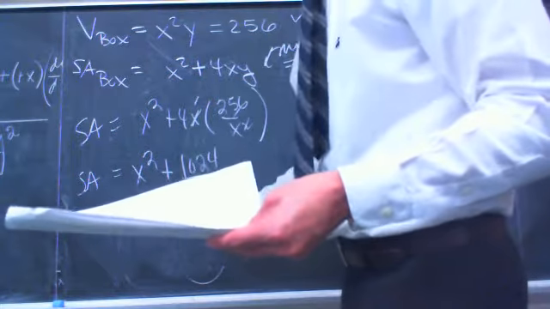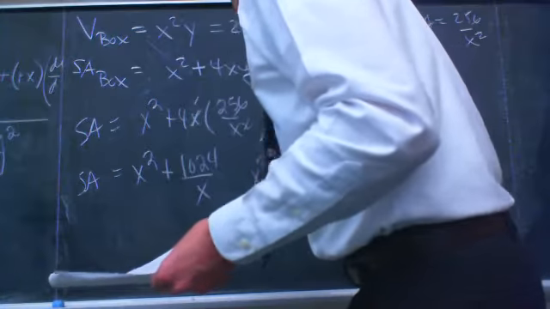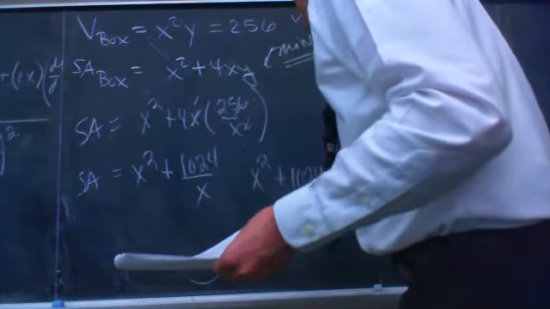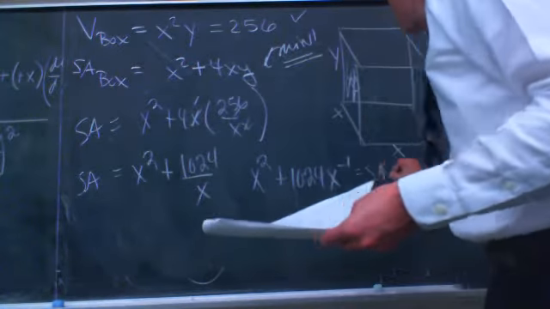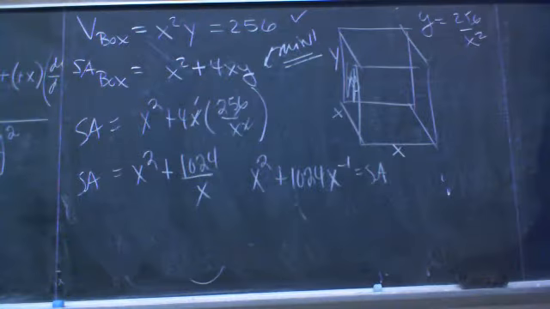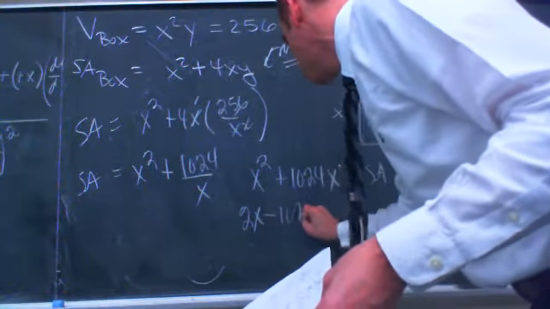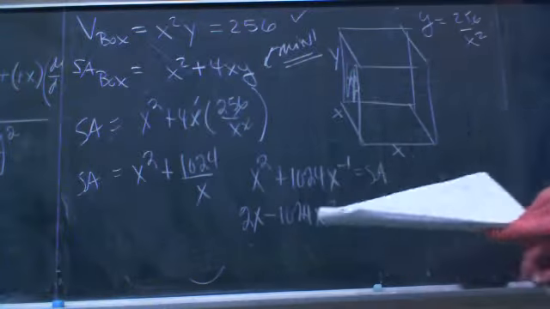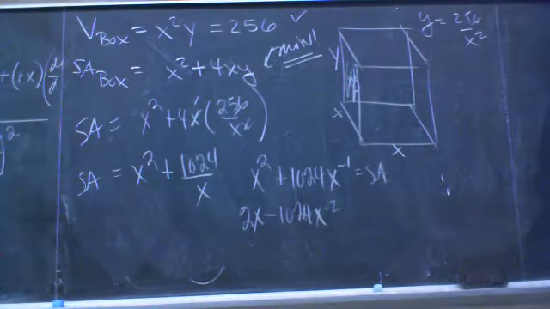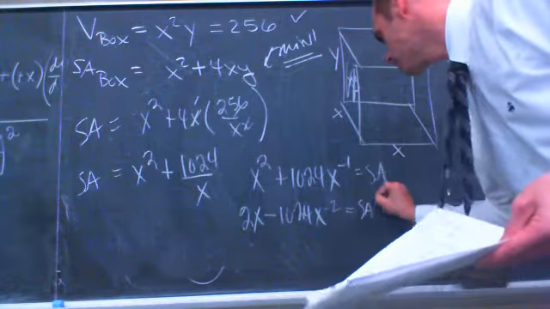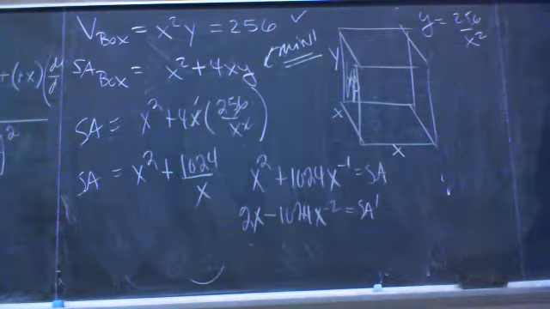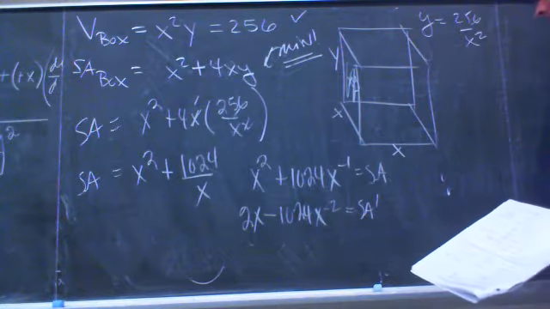I'm going to use algebra first and make this x squared plus 1,024x to the what? Now I'll take its derivative to get 2x minus 1,024x to the what? Negative second equals what? Now I'm going to do what here?